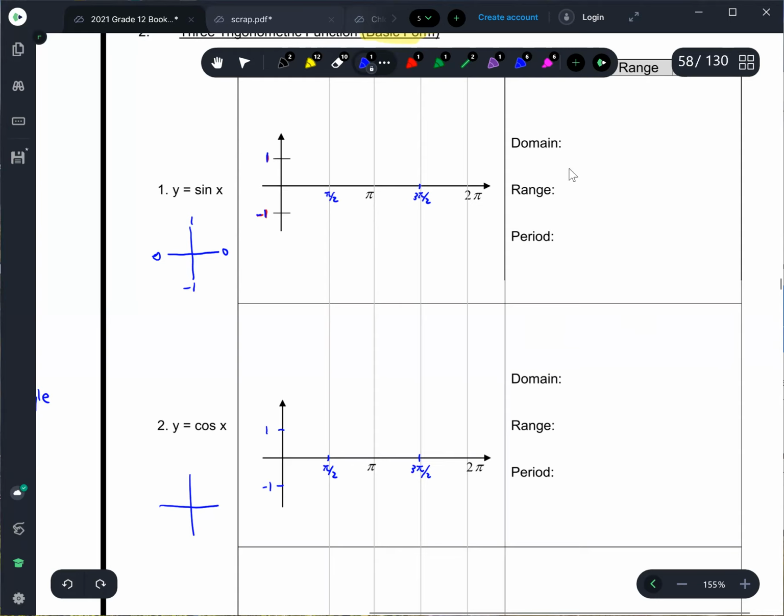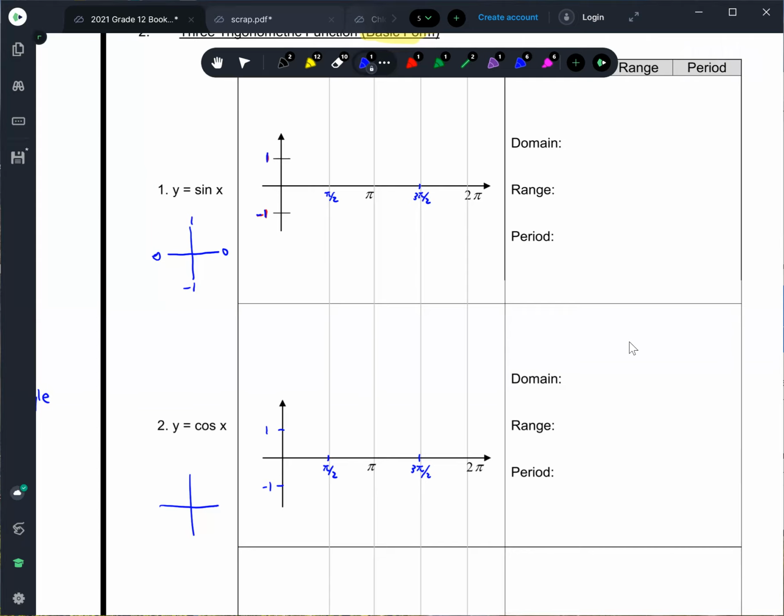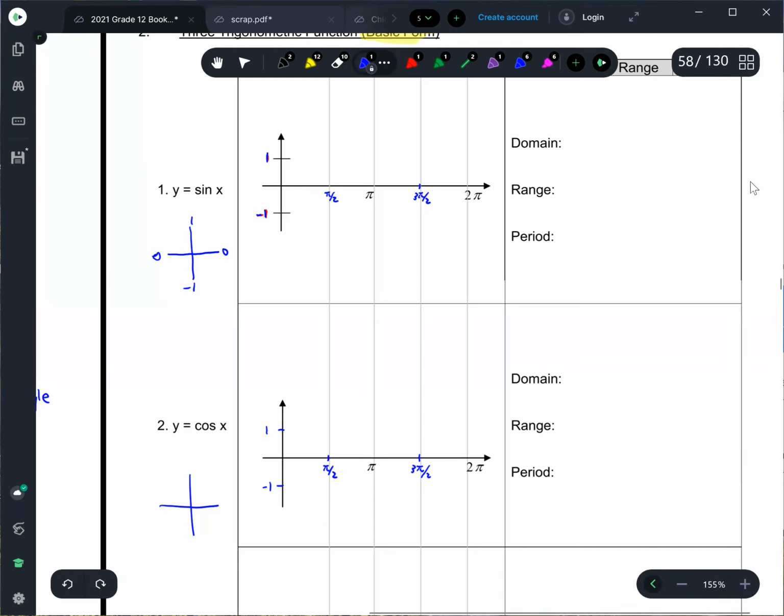After you've done that, please write down the domain, range, and period. If you have finished the graph for both of them, please raise your hand.